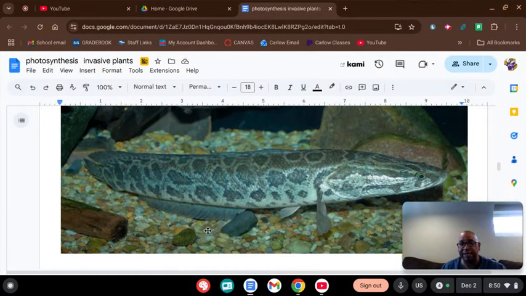This is a fish that, once again, was from Southeast Asia, and it got brought to the United States. Don't know how that one happened. But this fish, and it looks like a snake, can live outside of water. It can actually walk, or maybe the best word to use is crawl, from pond to pond, river to river, stream to stream.